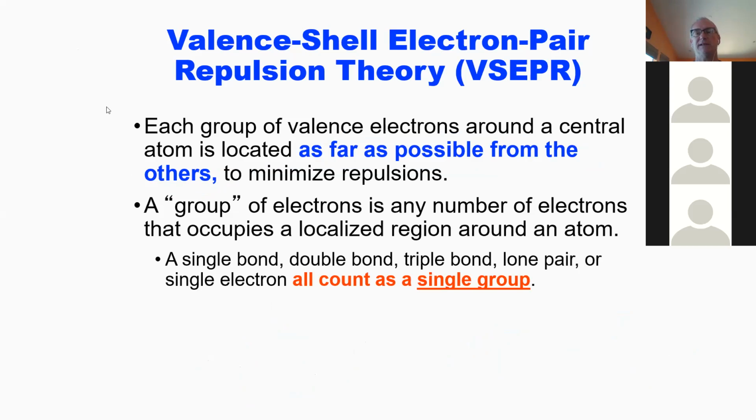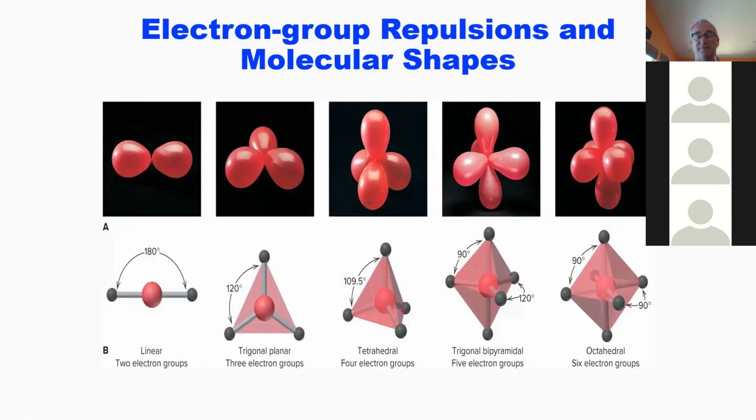That's all VSEPR means, is that electrons want to be far apart. That's it. And these were some of the shapes. If there are only 2 places for electrons, the furthest apart they can be is 180 degrees, linear. They can't be any further away from each other than that.